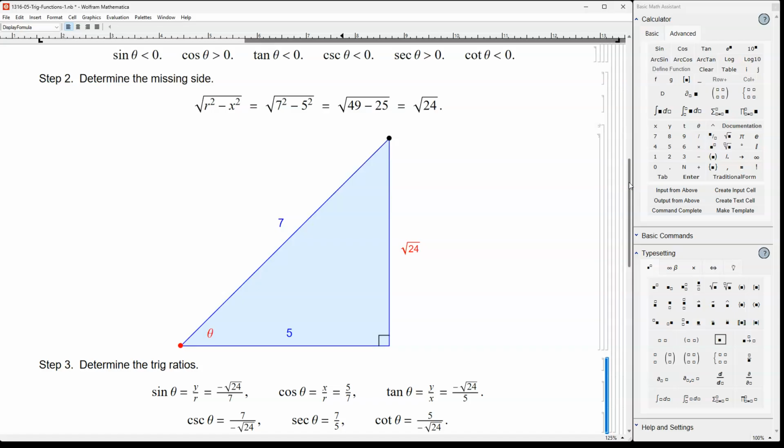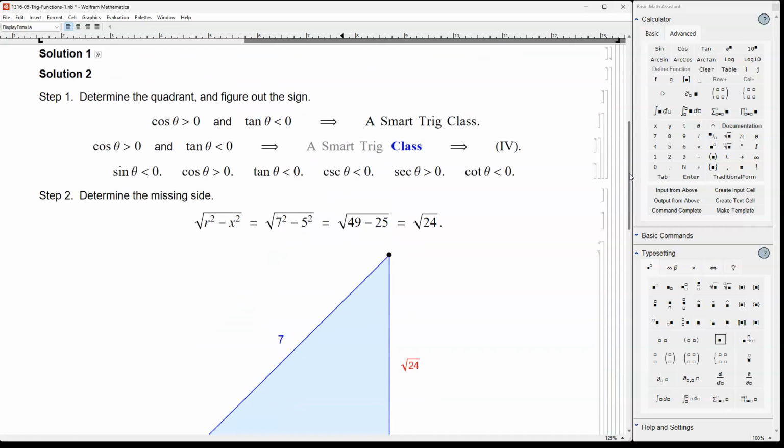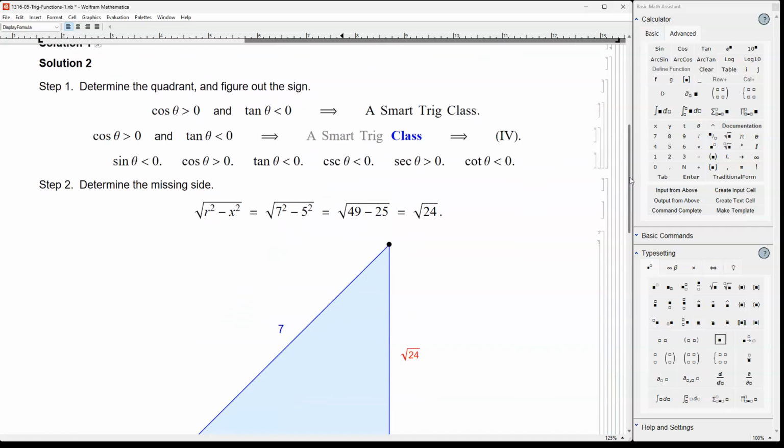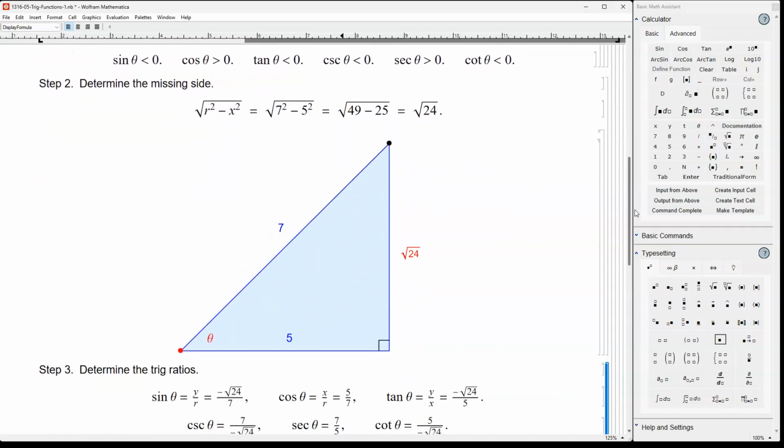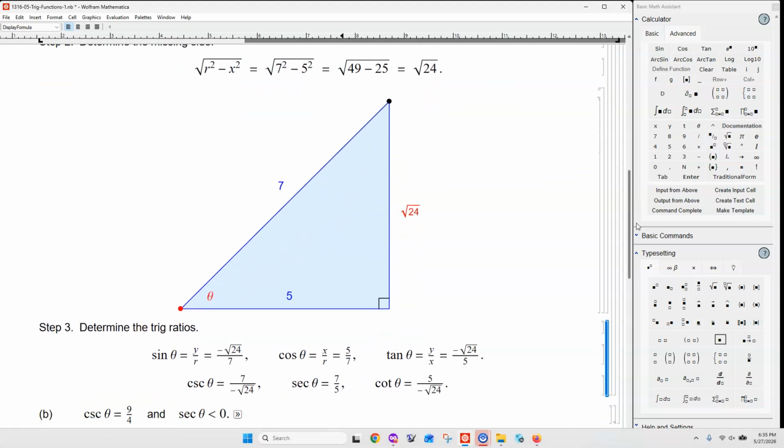Or some people may prefer to draw the triangle first and then get the missing side by Pythagorean, and then figure out the quadrants and the signs later. So step 1 and step 2 here are interchangeable. Either step 1 first or step 2 first, it doesn't matter.